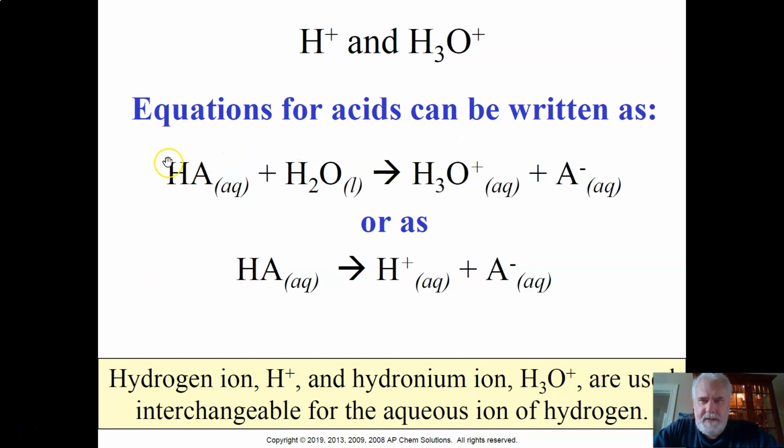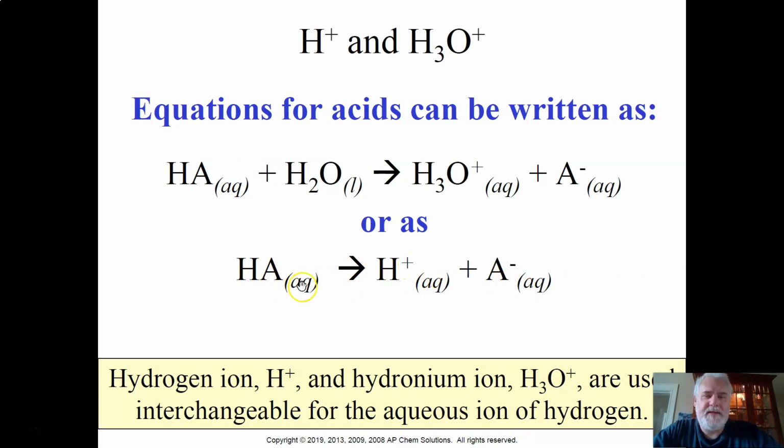You can see that there's a general equation that they use for acid, because it's always going to have that hydrogen in there, and when that reacts with water, you can make the hydronium ion concentration, or you can leave the water out. You know, it can be assumed because it's an aqueous solution, and just have the H plus and A minus ions.